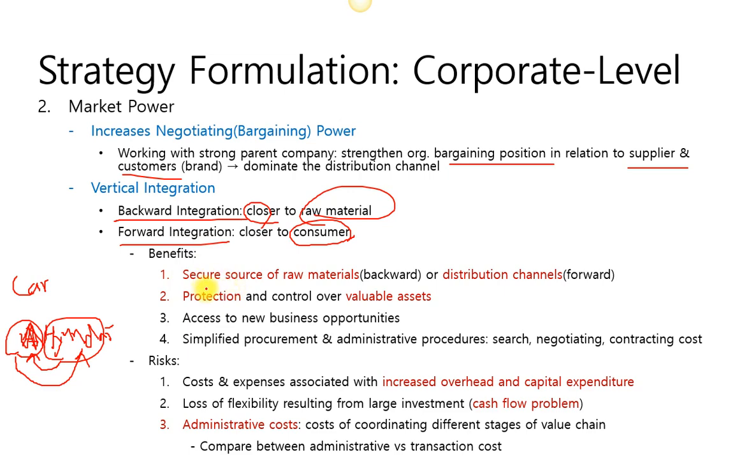What's the benefit? Backward integration secures raw materials. Forward integration secures your distribution channels. It protects your valuable assets. By Hyundai buying this A company, if they have excellent R&D and created a very excellent engine, then they have protection over the supply of this superior engine.